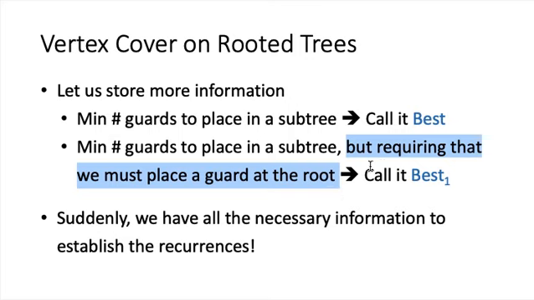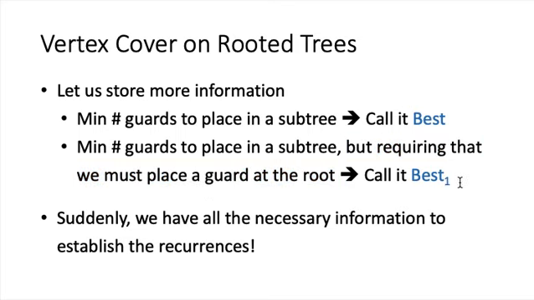Let us call this value best 1. The 1 means that we must place a guard at the root of the subtree. Now, storing best and best 1 will be enough to compute whatever value that we want.